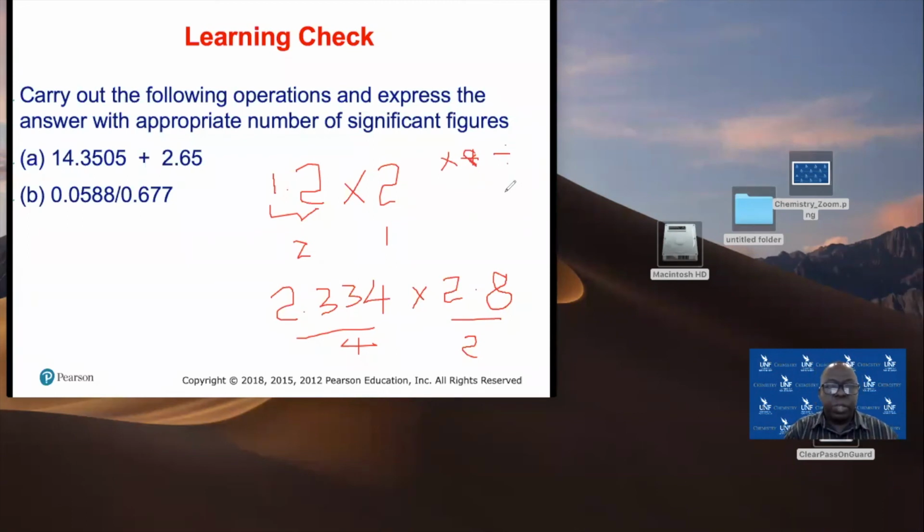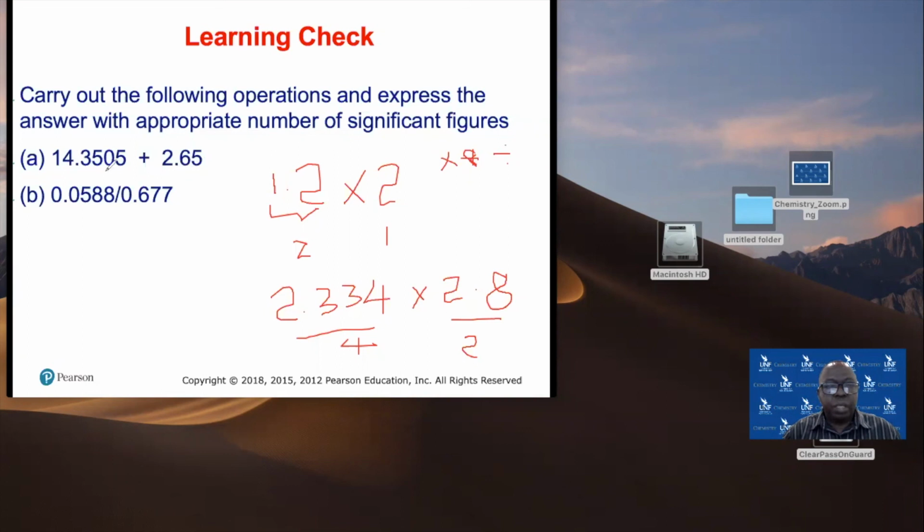I showed you the addition, so for this example here, you look at the places of decimal. This is 14.3505 plus 2.65. This has 2 places of decimal.